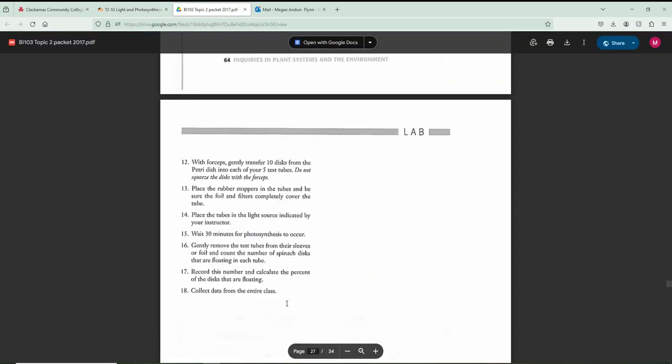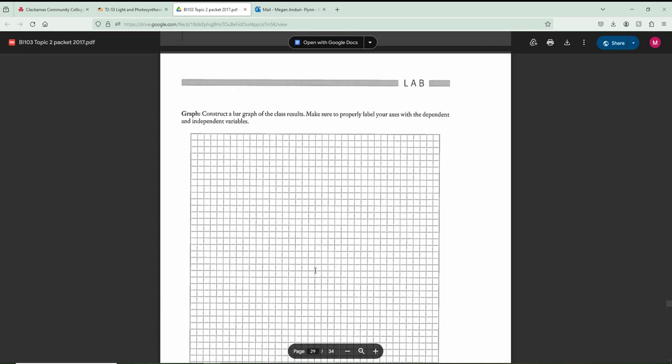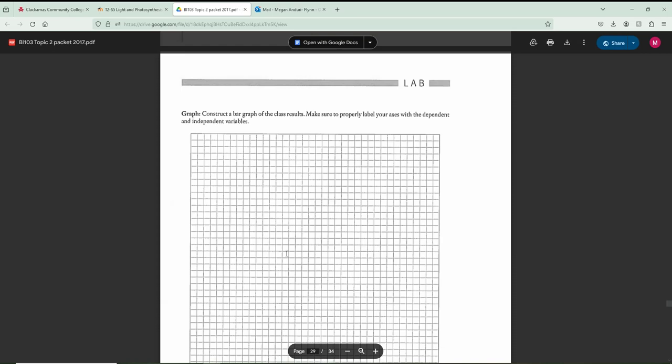Okay, so we graphed the average of the distilled and the average of the sodium bicarbonate into one graph. So instead of having it as a hand-drawn graph, we're going to put it in Excel and make it computerized.